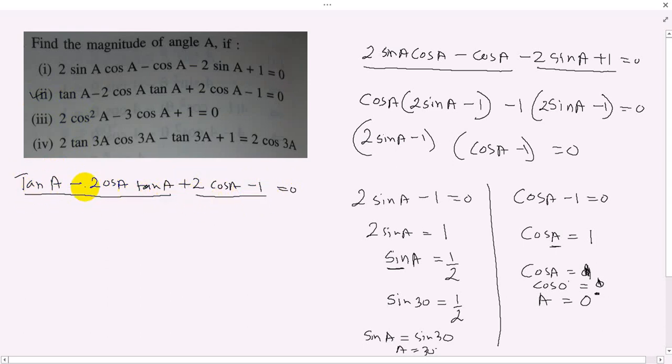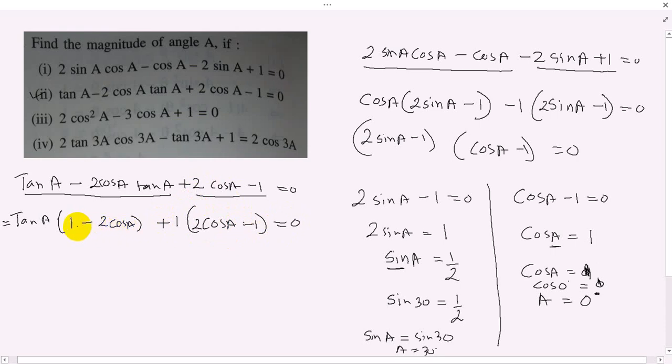Here the common is tan A, so tan A bracket 1 minus 2 cos A, and here nothing is common, so we take 1 common. Cos A, 2 cos A minus 1 is equal to 0.